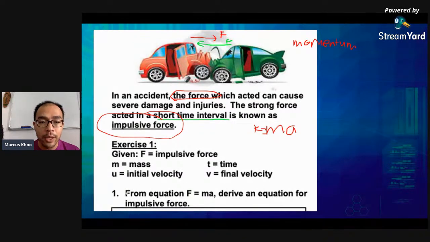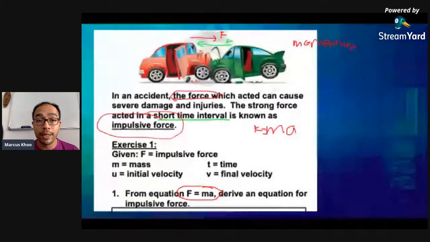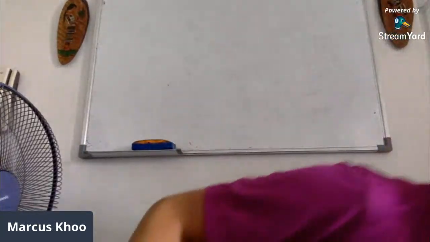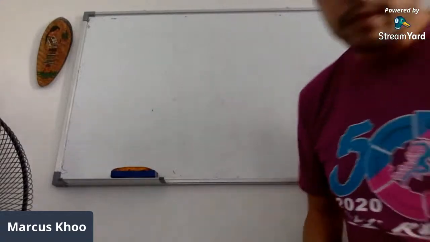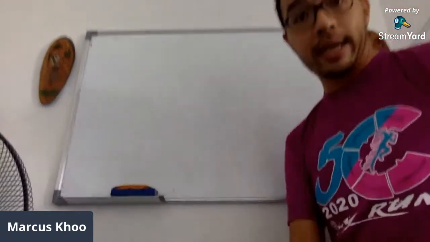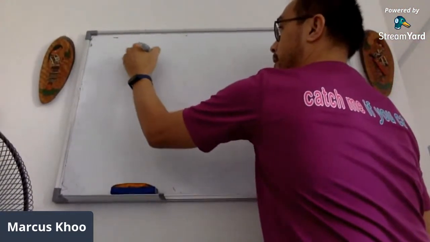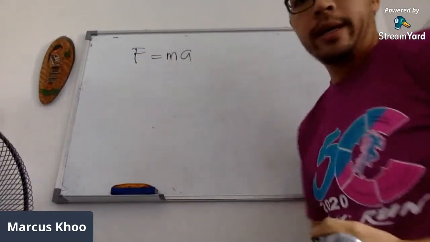So the first thing we want to do is start from F equals ma, and derive an equation for impulsive force. How we do that is as follows. What we have here is Newton's second law, which is F equals ma.